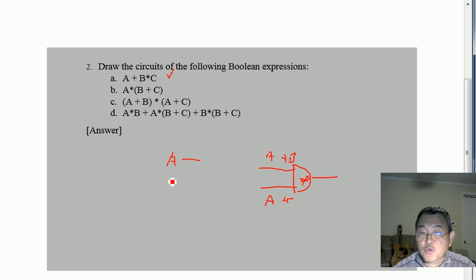So this input is A, B. I'm sure you can draw much better than I do because I'm using a mouse to draw. So this is the OR, A or B. The OR is shaped like this, and then it's connected here. And this is A or C. First we get the ORs together, that's the OR, curvy end.